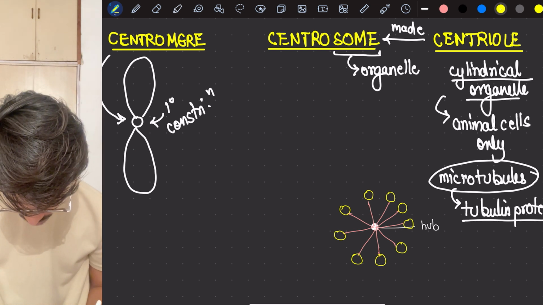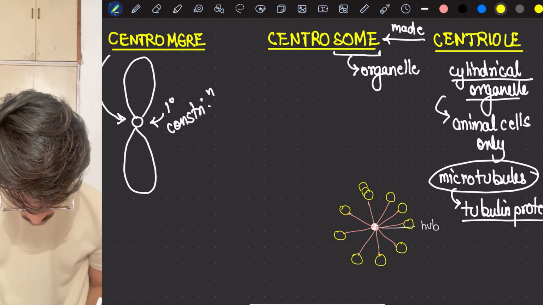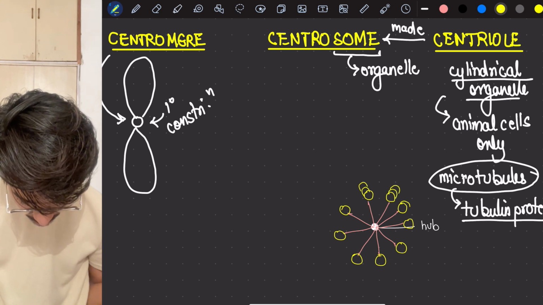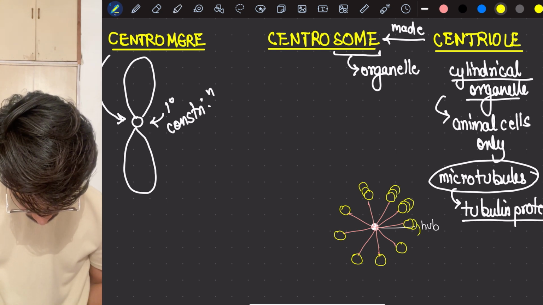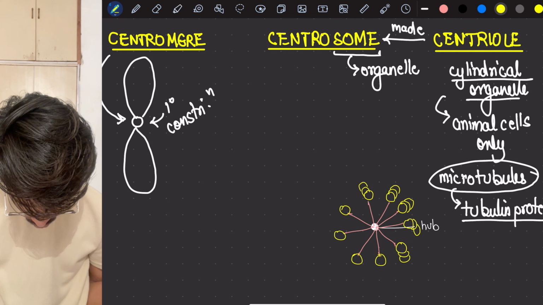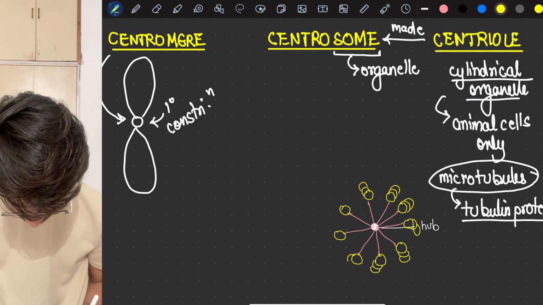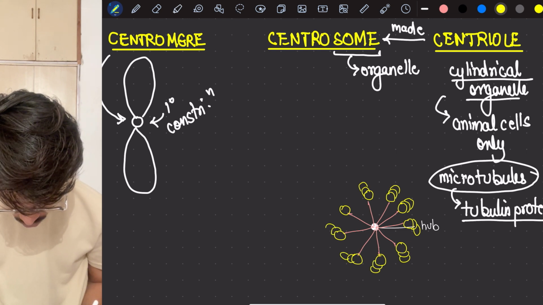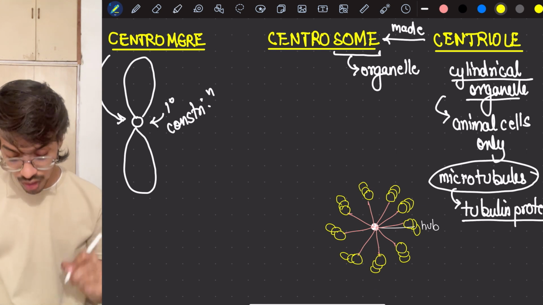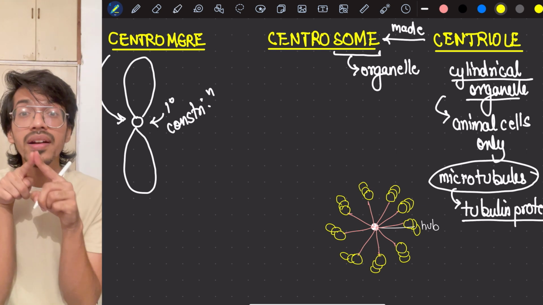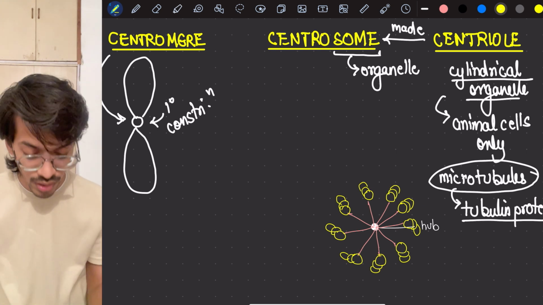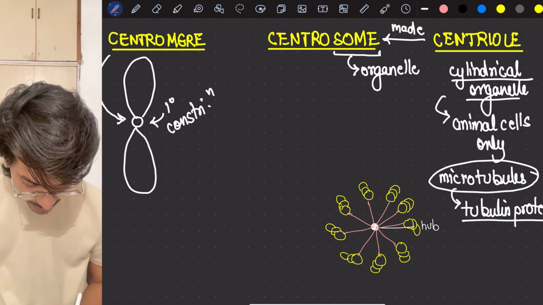So 1, 2, 3, 1, 2, 3. Now these proteins are connected with each other also. So let's just connect them. So they are connected like this.